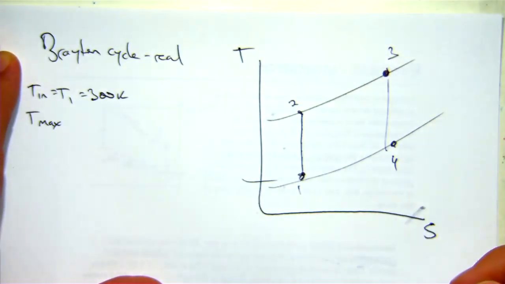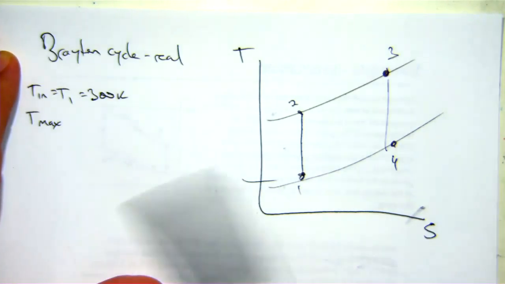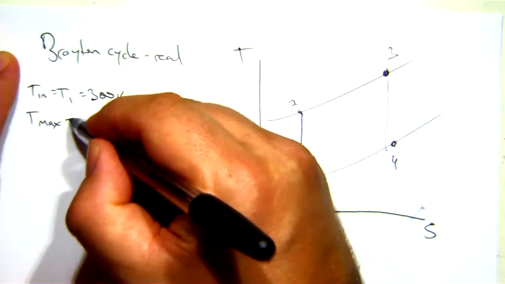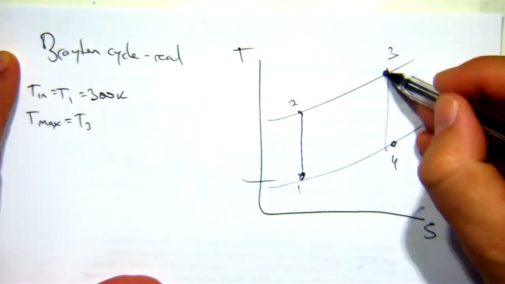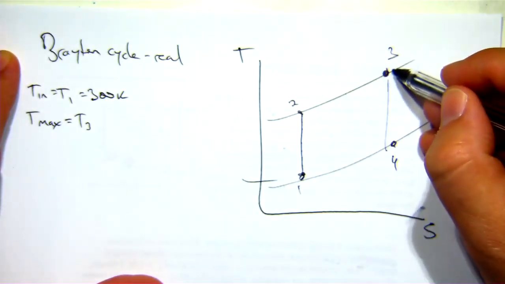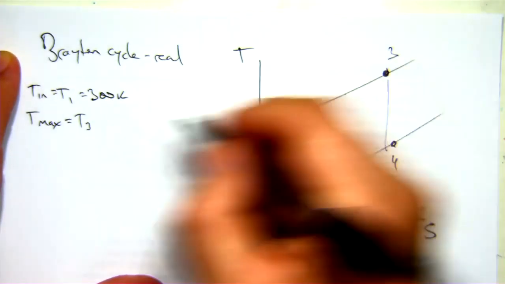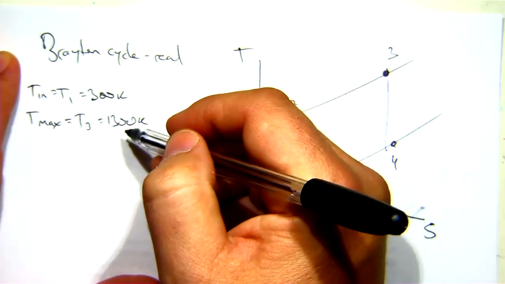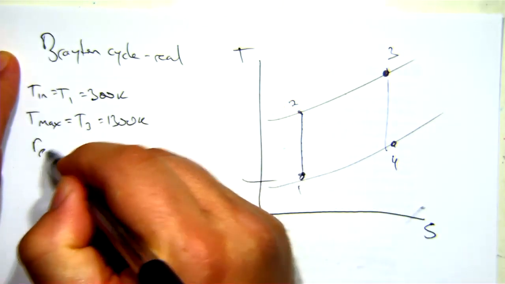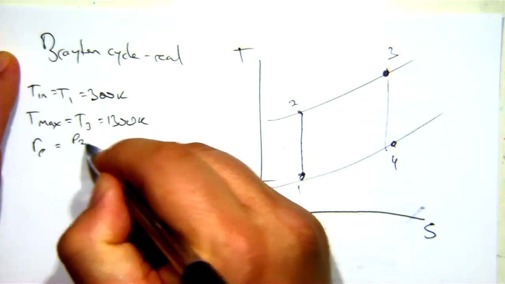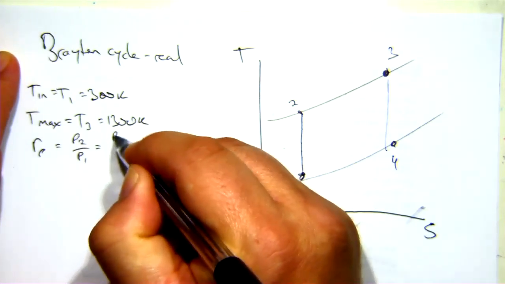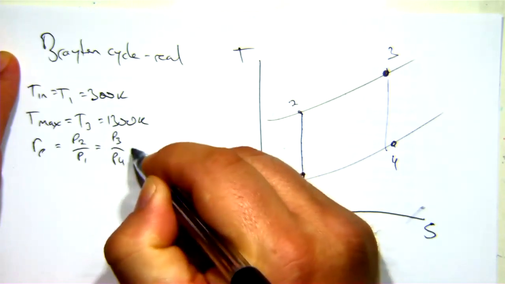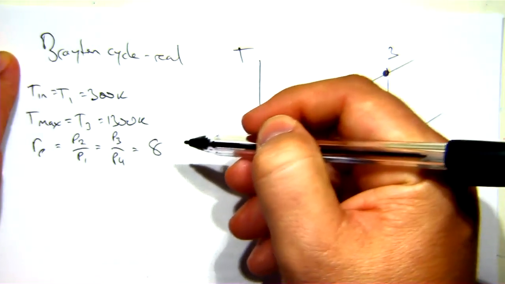So, I've done my graph. I'm not finished yet, but I'll get there. T max is T3. The highest temperature I can reach is the temperature at the end of my combustion chamber, equals 1300 Kelvin. I've got a pressure ratio, equals P2 on P1, equals P3 on P4, equals 8.